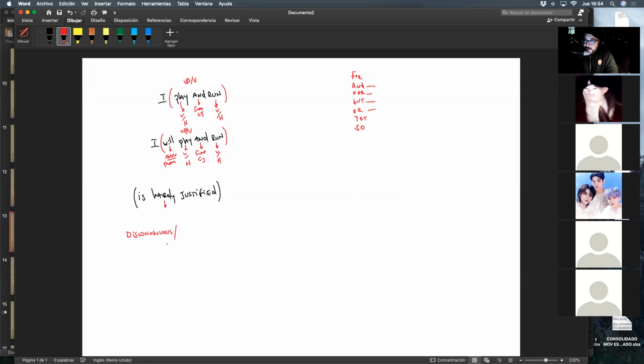Slash. Now I need the letters. Okay, I can see there's a passive voice, right? Because this verb is the verb be, and it's followed by the ed2 form of another verb, of the main verb, right? So this is letter D, right? Then finite or non-finite. As the first auxiliary verb is written in present, I can say this is finite.